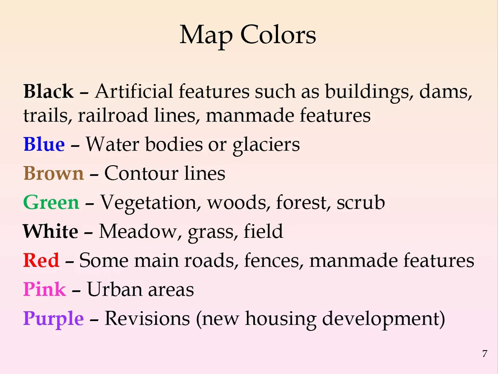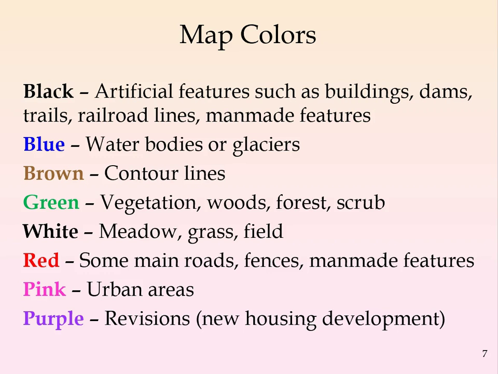Black can represent an artificial or man-made feature, such as buildings, dams, homes, trails, railroad lines. And there are two types of symbols for buildings.